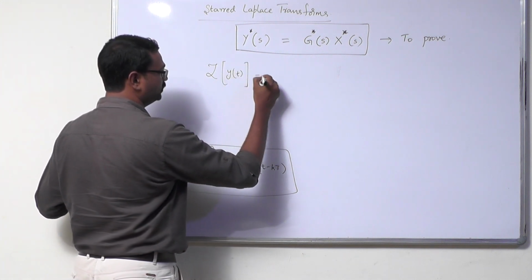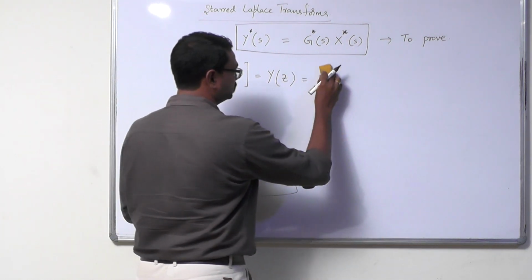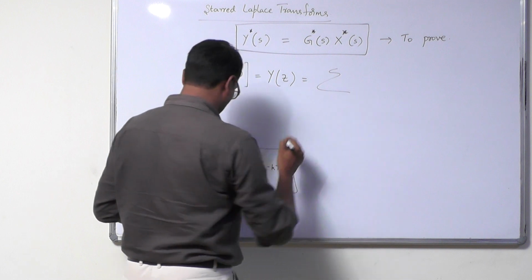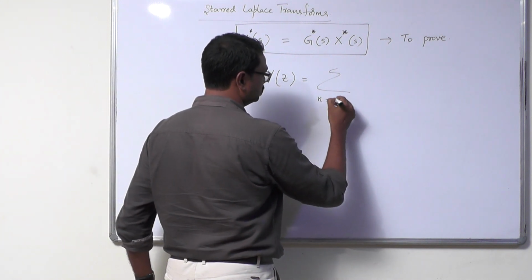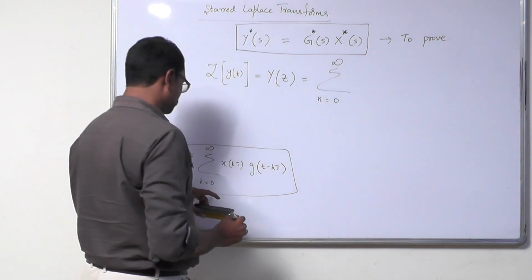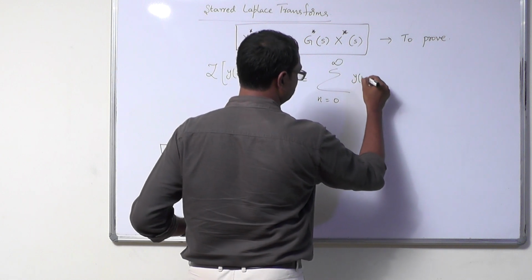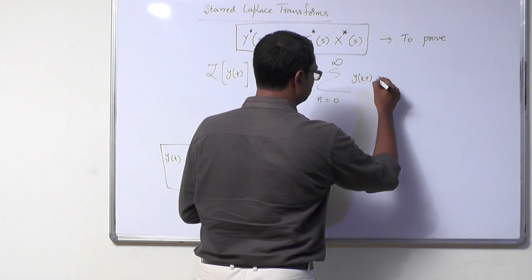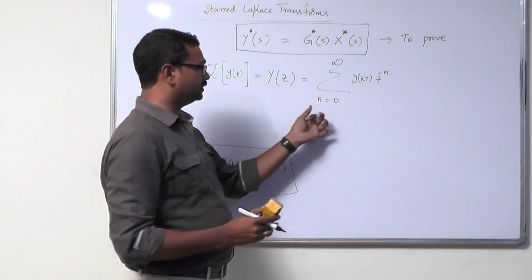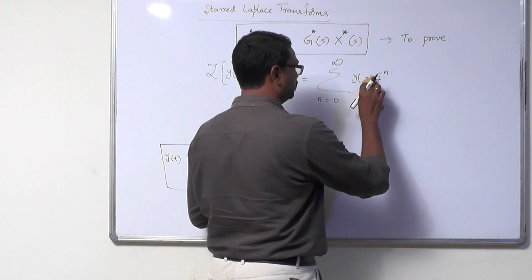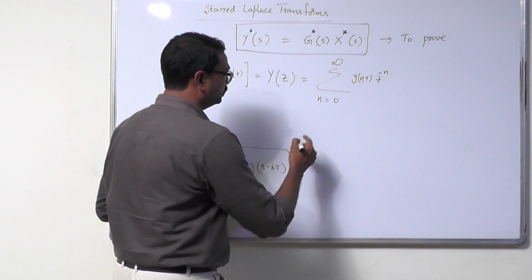Z transform of y of t is nothing but y of z, which is equal to sigma. Already I have used k is equal to 0 to infinity, so I will use n is equal to 0 to infinity, and therefore, y of nt z power minus n.